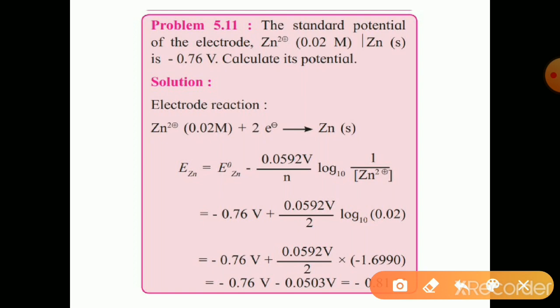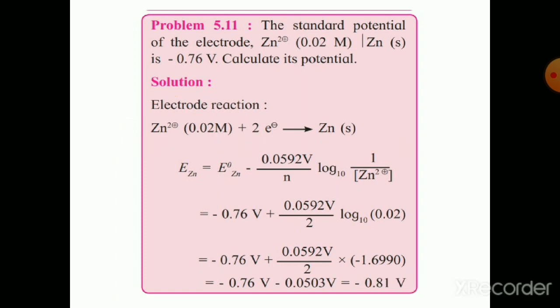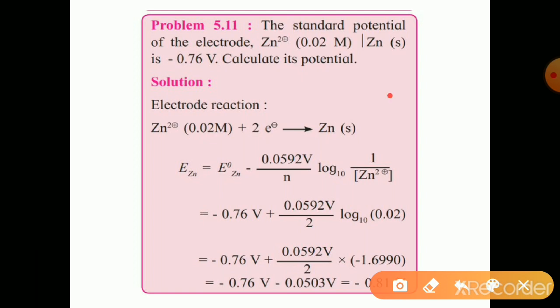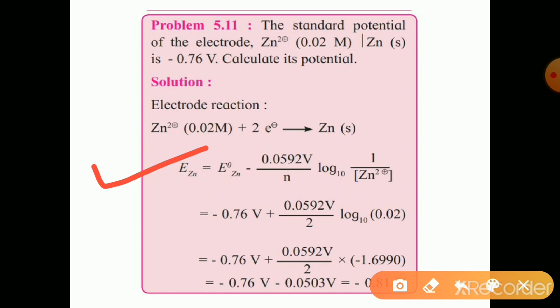So here we know that a single electrode reaction is written as a reduction reaction. So zinc ion undergoes reduction to form zinc atoms. The number of electrons involved is 2, and the concentration of zinc is provided, then the standard electrode potential is given.